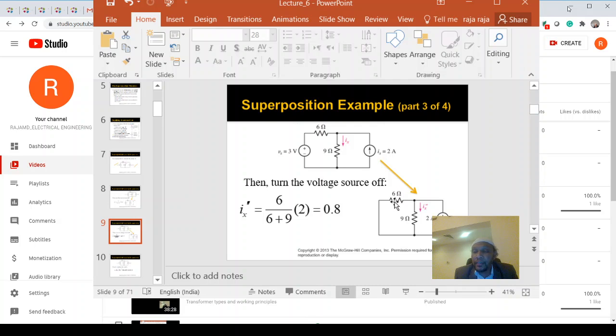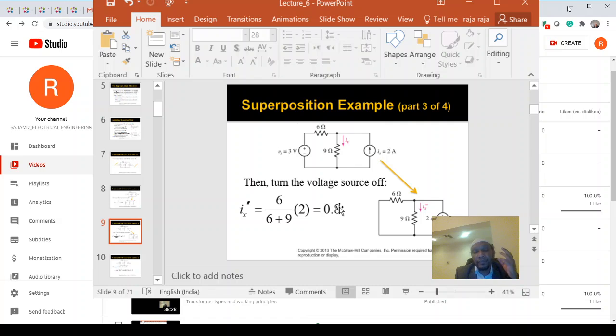After you make the circuit, you can bring the 6 ohm here, it also means the same. This is my opposite resistance because I want the current flowing in this branch. So the opposite resistance over the sum of the resistances, multiplied by my source current. This is the current division rule. Then we calculate Ix double dash as 0.8 ampere.